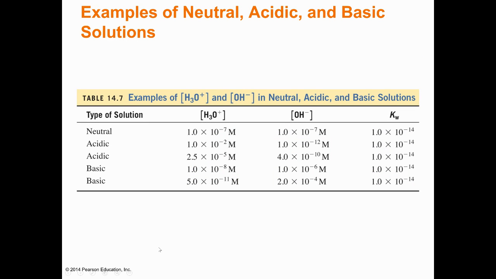Okay, once I'm done talking, I'd like you to take out your calculator. You can pause me to get it. I want to show you something important here: if Kw equals hydroxide times hydronium, then we can solve for hydronium.